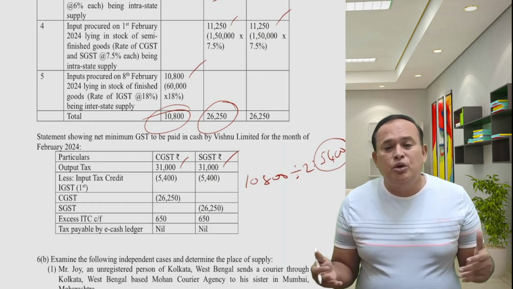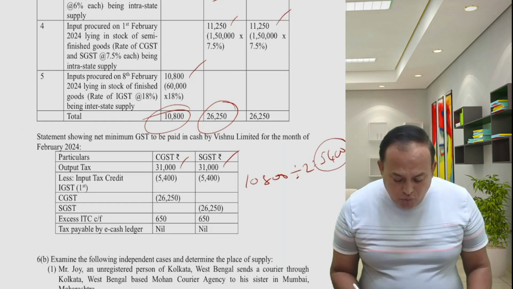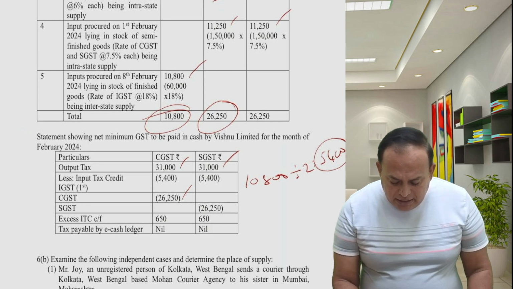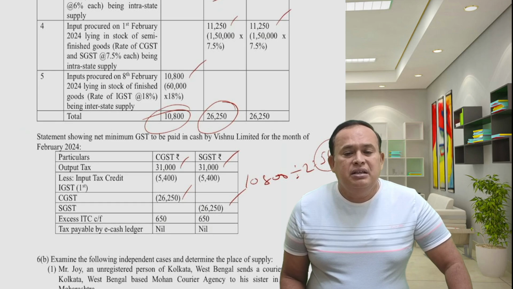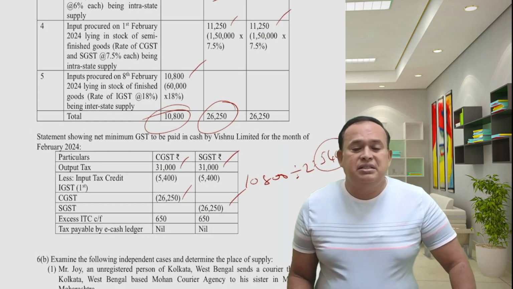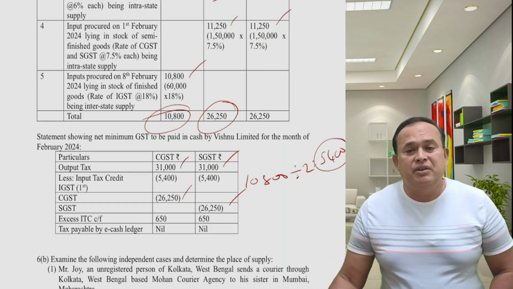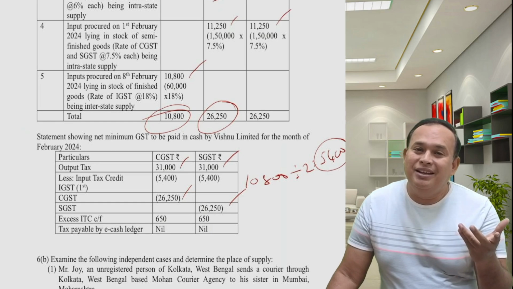Then I use the CGST and SGST credit for the respective payment. While paying the CGST, I use the CGST credit, and while paying the SGST, I use the SGST credit. Then excess ITC of 650 CGST and 650 SGST is available. So net payable by electronic cash ledger in the given problem is nil.